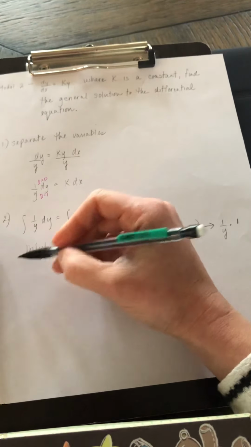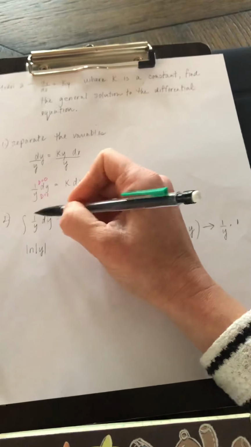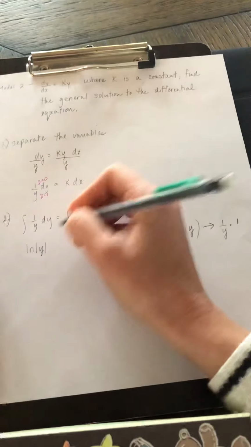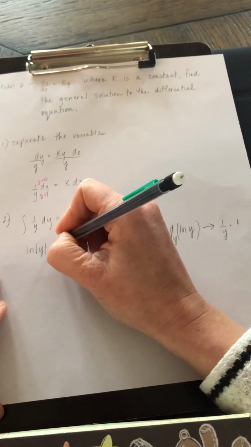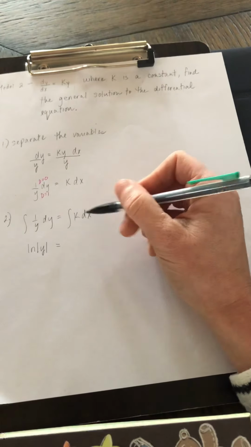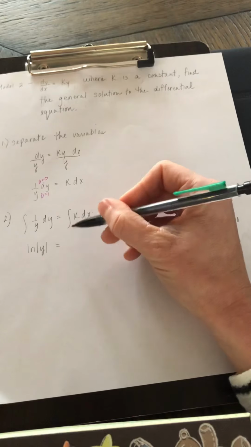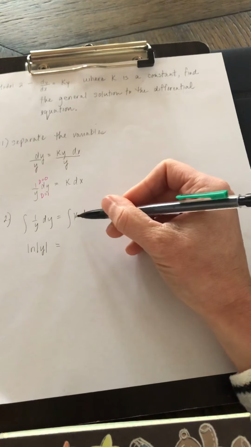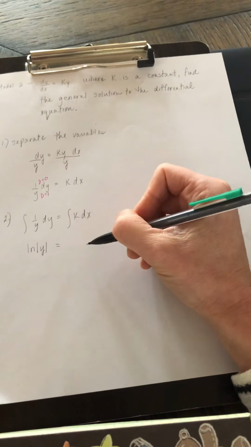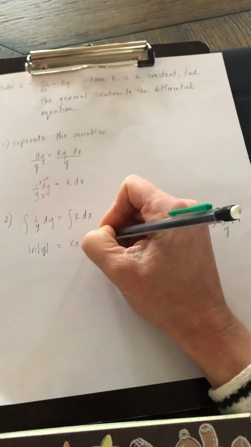There's no extra coefficient that we would have to multiply by. This is essentially the parent function, if you like to think about it that way. And now we have to integrate k in terms of x. So k is a constant. Like if this was 4, we would do 4x, or if this was 2, we would do 2x. So we're going to be doing kx plus c.